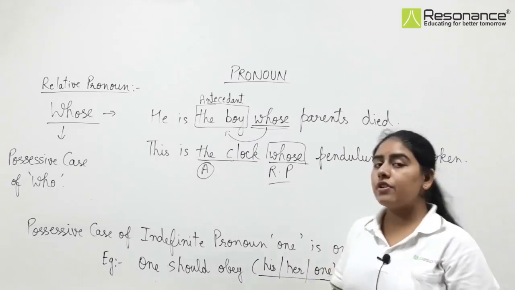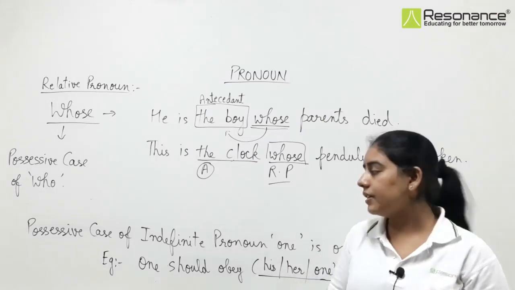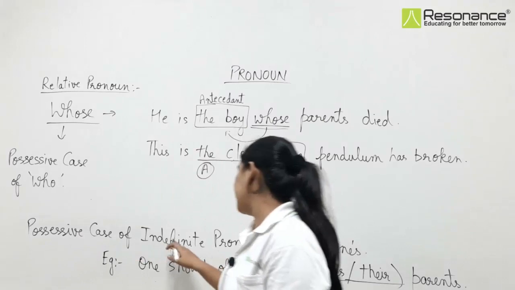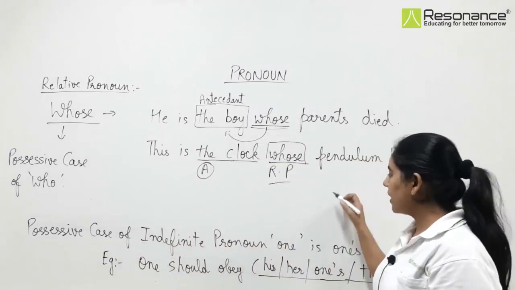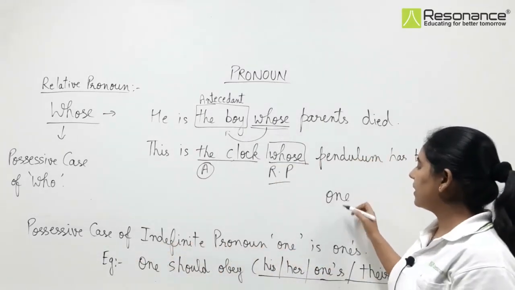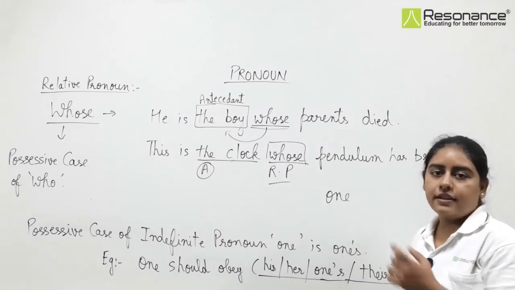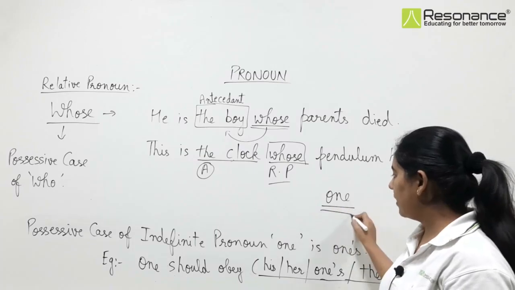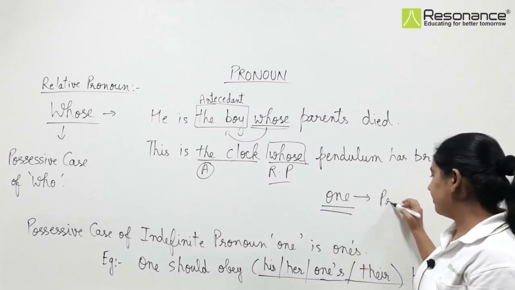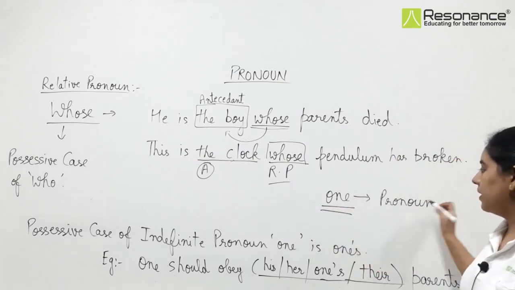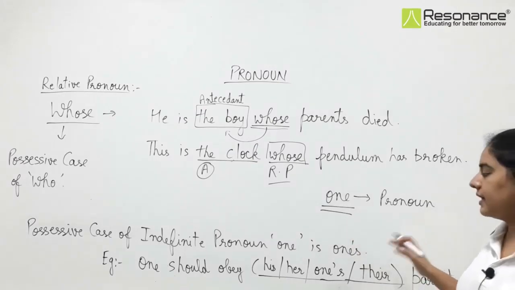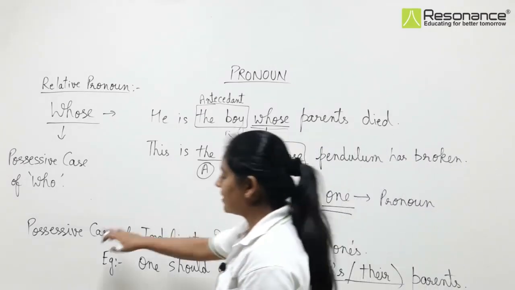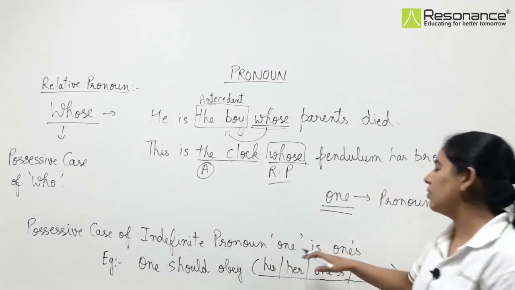Now one more very important point: the possessive case of the indefinite pronoun one. अब one अगर हम सुनते हैं तो ये one एक नंबर होता है देखा जाए तो, but यहाँ पर जो one है, here it is a pronoun. ये one जब pronoun की तरह use होता है, then what will be the possessive case of indefinite pronoun one?